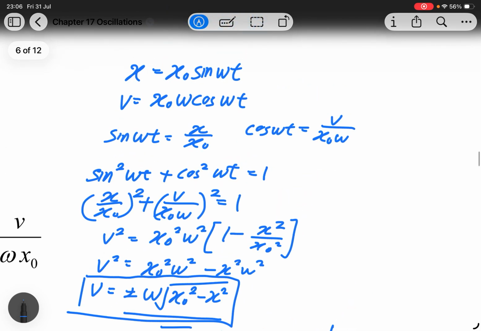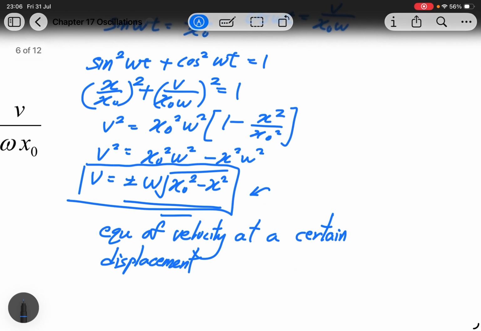So this one is to calculate velocity at a certain time t. This one is to calculate velocity at a certain displacement.